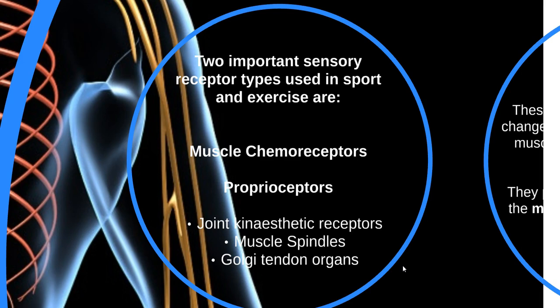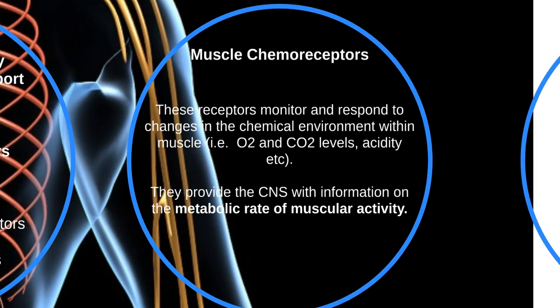These are sensory receptors in the body that monitor the levels of chemicals that are floating around our bloodstream or within our muscle. And the other ones we're going to look at are proprioceptors, which are found in our joints, muscles, and tendons, and these are the guys that keep us safe during exercise. They allow us to do movements safely and not cause potentially harmful injuries.